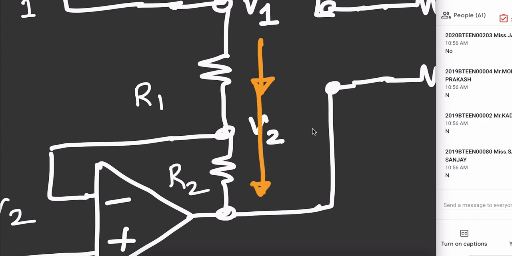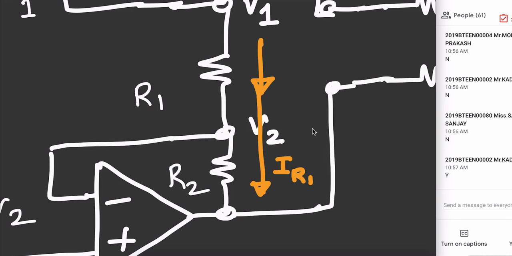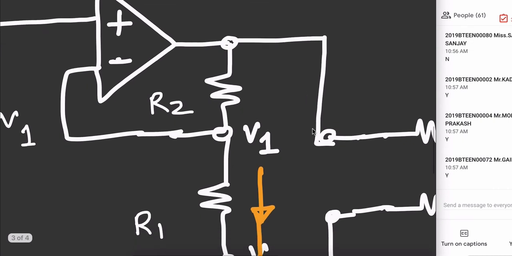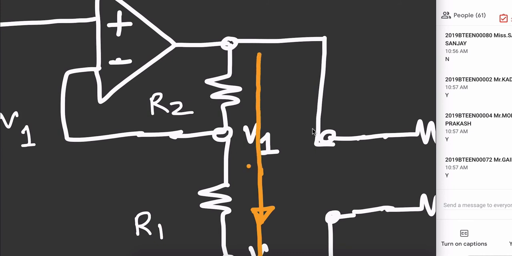So this current will be same as IR1. Everybody understanding this? Now think of current through R2. What will it be? It will be again same as this. So this is IR1. Even though it is passing through R2, it is decided by R1.